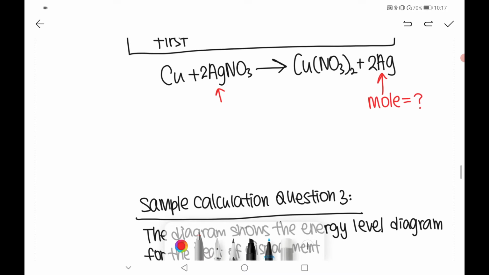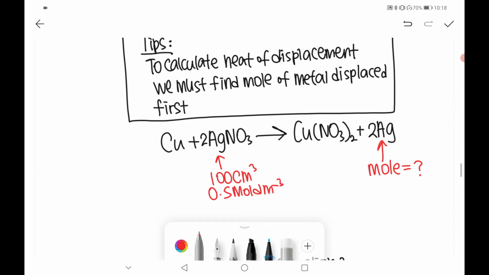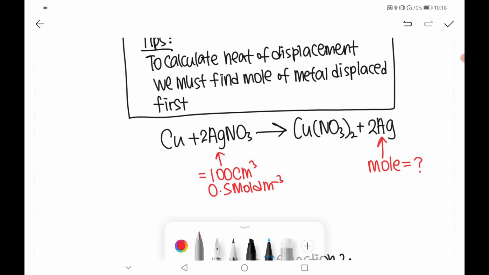I copied it here. What information do they give us? 100 cm cube is the volume, V. And 0.5 mole per dm cube, as we learned in Form 4 Chapter 6, anything that ends with mole per dm cube is molarity. The symbol is M.